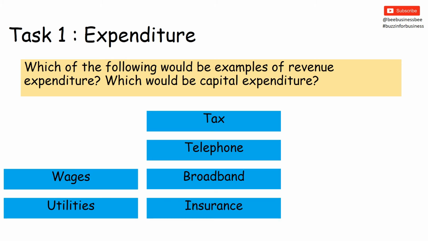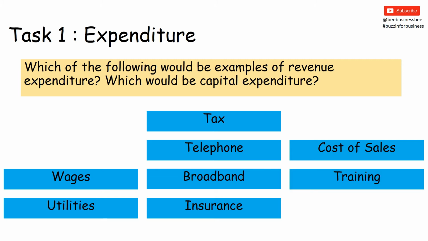Insurance, ongoing cost. Cost of sales, remember the more items you sell from your vending machines or the more t-shirts you sell, obviously the more you're going to have to pay, so it's an ongoing cost. Training, ongoing cost. And your marketing will be an ongoing cost. So they're all costs that will be ongoing in the business, so that means they're going to be revenue expenditure because it's money going out all the time.